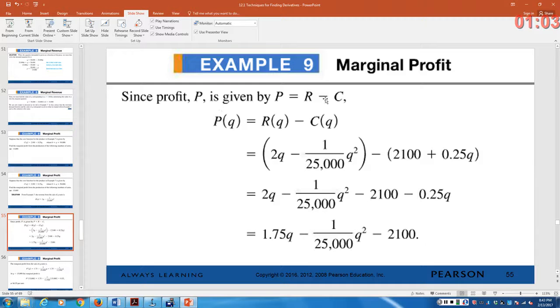When we take the cost and revenue and subtract them, there's where your algebra skills come into play again. You wind up with the profit for Q quantity is 1.75 times Q minus 1 over 2,500 Q squared minus 2,100.